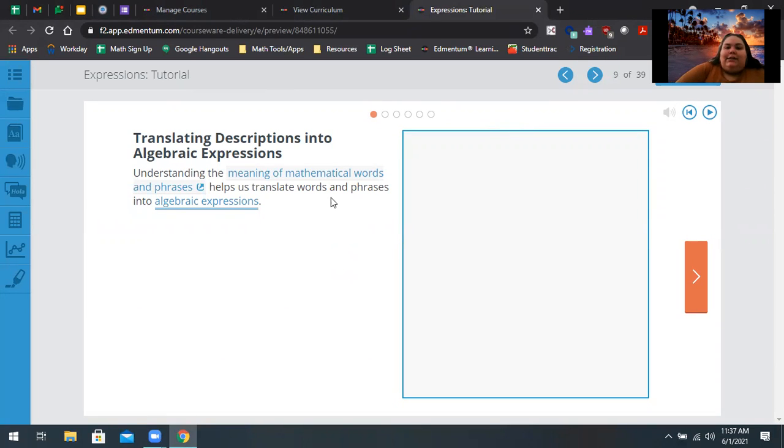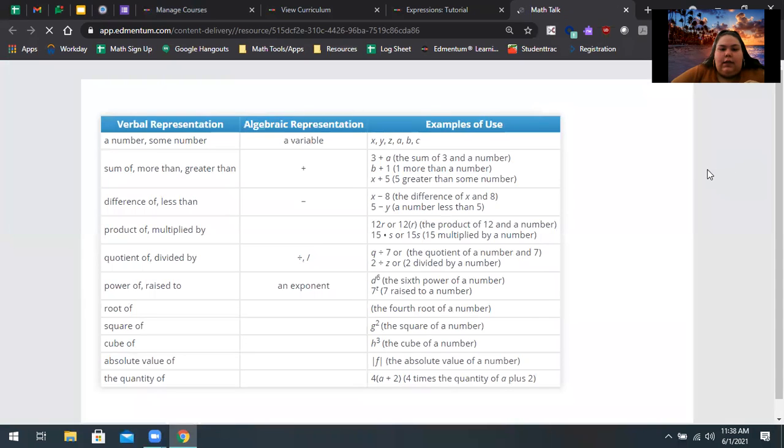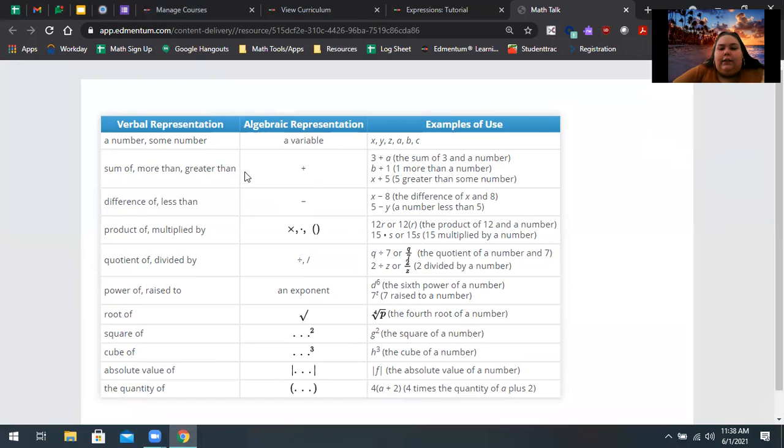So it says translating description into an algebraic expression, understanding the meaning of the mathematical words and phrases. If we click on this link, we're going to be given a little chart. You can have it up for yourself. When you hear the sum of, that represents our addition.